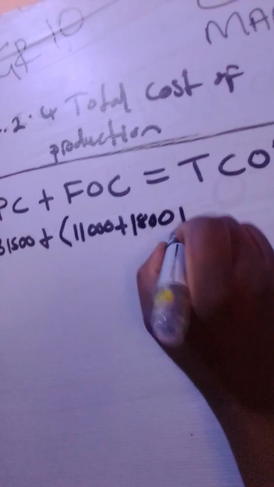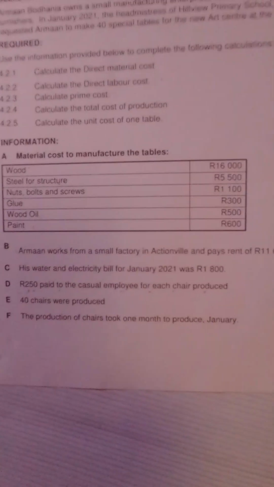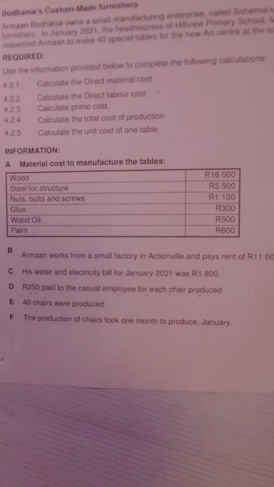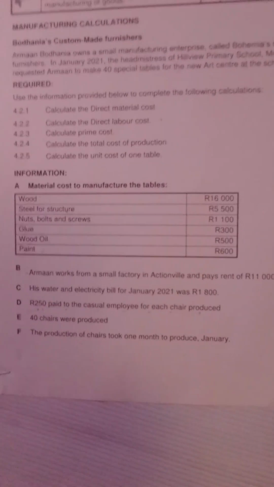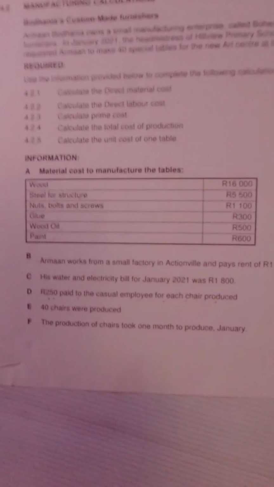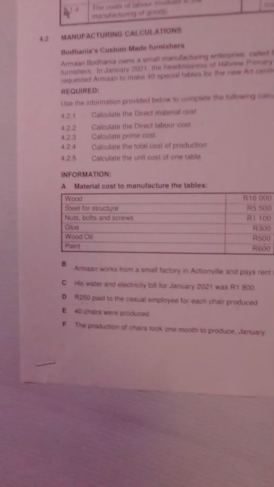And then we are going to add the indirect material costs. For the nuts and the bolts and the screws is 1,100, plus the 300, plus 500, plus the 600 for the paint. So these are all the factory overheads that we have.